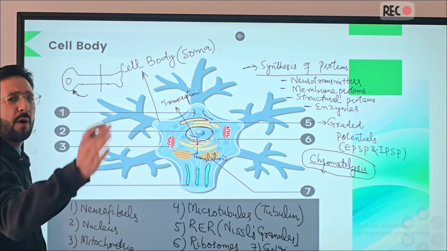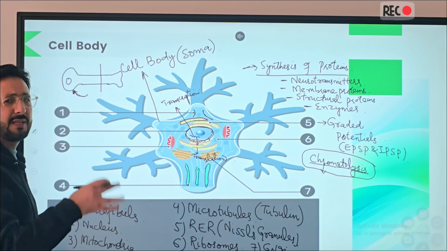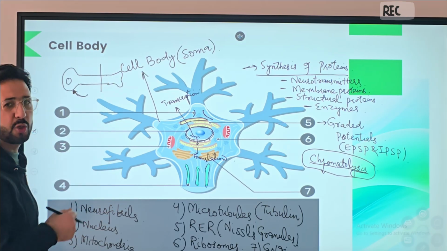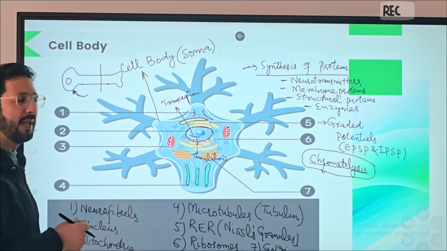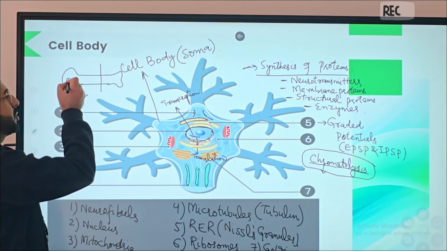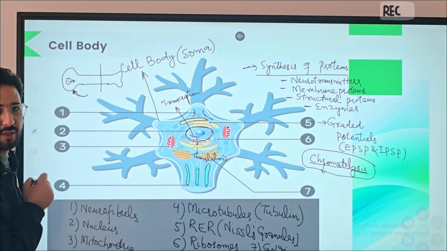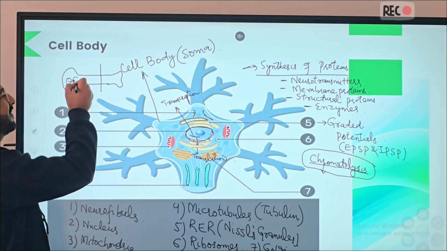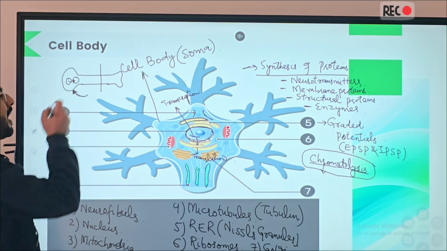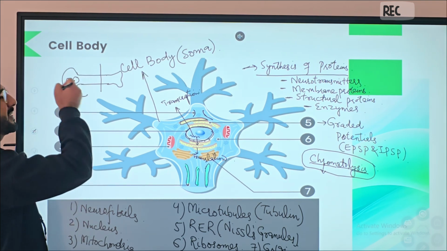There will be a breakdown of these Nissl granules, and they will be dispersed throughout the cytoplasm. The nucleus will shift to the periphery, near the axon, where the axon arises from the cell body, and there will be swelling of the cell body.